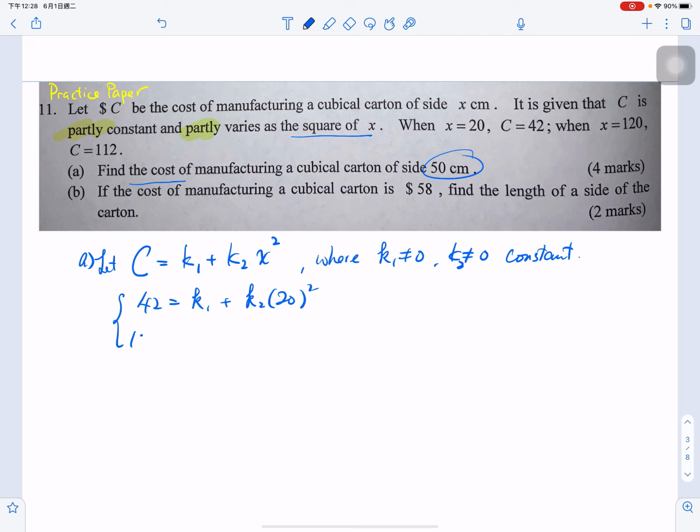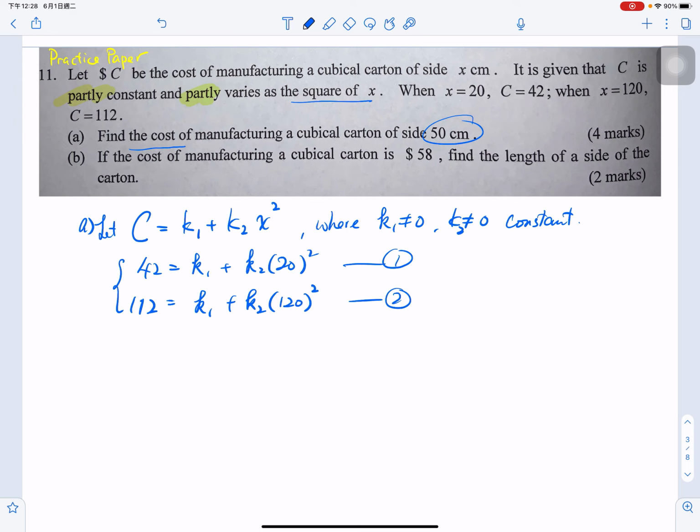And the other one, 112 equals K1 plus K2 times 120 squared. Right, this is the first equation and second equation. So let's see. Maybe simply the second equation minus the first equation, so you eliminate K1.